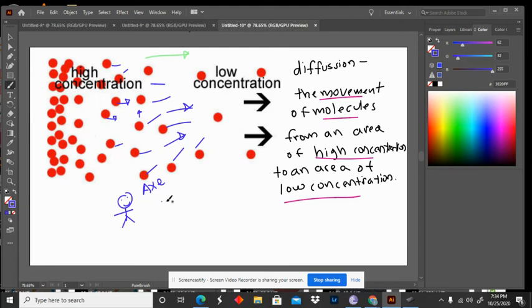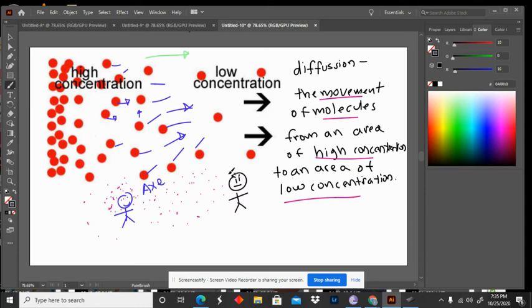So what happens is that they spray the Axe all over them, and the Axe is represented by these Axe molecules. Because of diffusion, the molecules are going to move to the other side of the room until they're evenly spread out. And then you have Mr. Acosta angry because he doesn't like smelling cologne and Axe in the room.